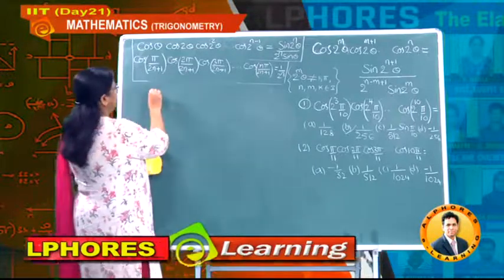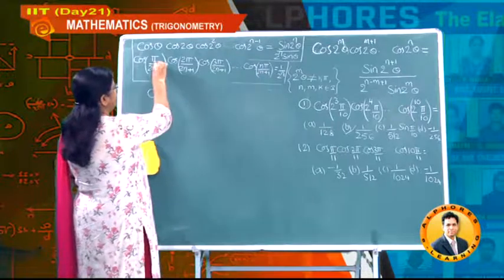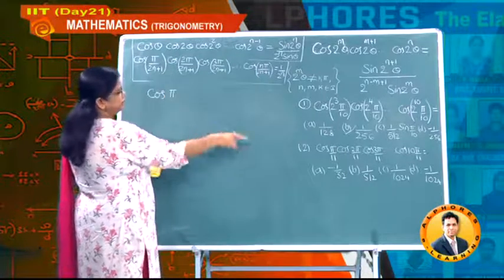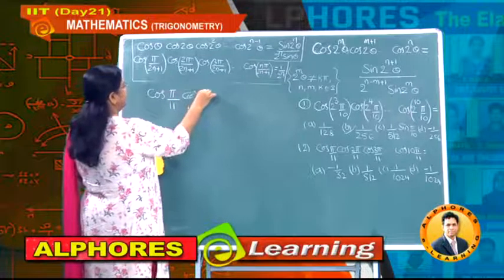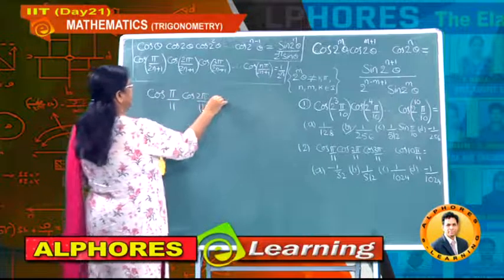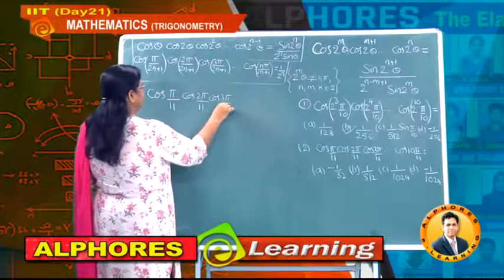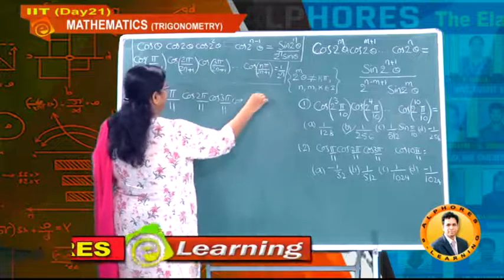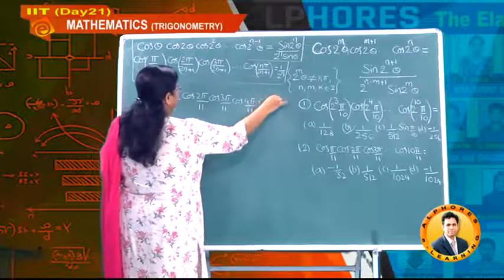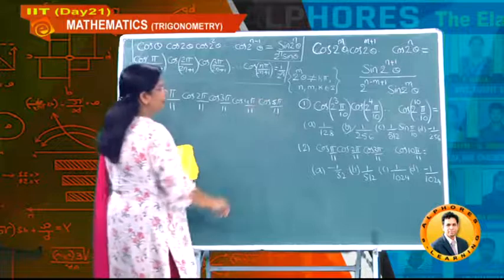Okay. Then what are our values? Cos pi by 11, cos 2 pi by 11, cos 3 pi by 11, next cos 4 pi by 11, but what is the last value here? To make use of this formula, it should end with 5 pi by 11.